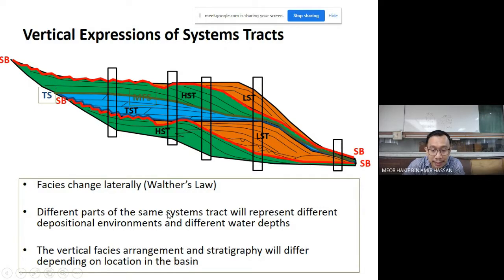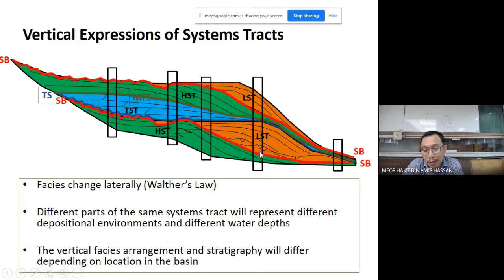Different parts of the same system tract, macam HST ni, will represent environments at different water depths. So if you trace the HST system tract here, the fluvial here, maybe it's going to be coastal deltaic here, more shelfal marine here, and deep marine here, right? Also the same thing with the lowstand here.